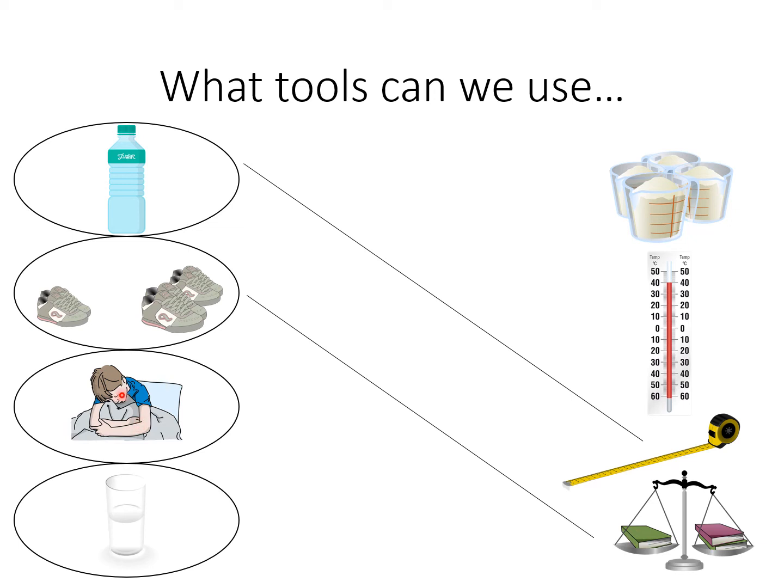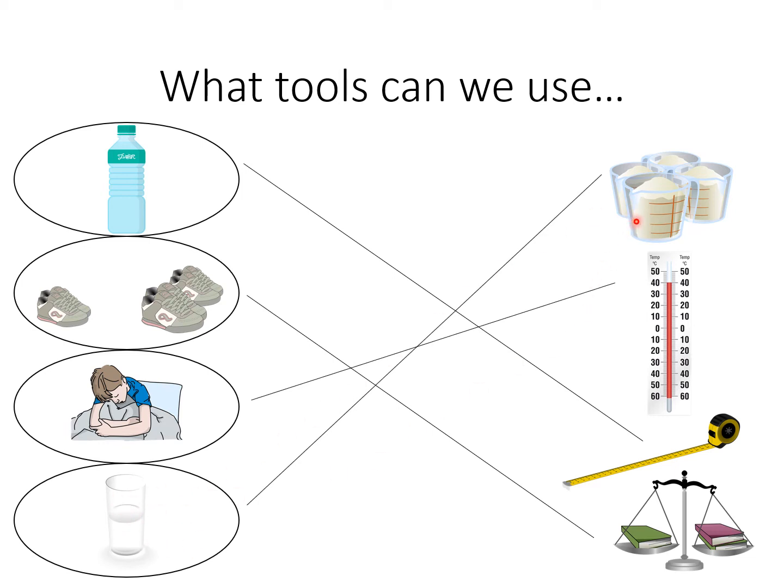Now, this kid right here looks sick. He doesn't look well. So what tool can I use to give me more information about why he's feeling sick? Let's see, we have this tool and this tool left. We have to use the thermometer. The thermometer can tell me if the kid has a fever, and the measuring cup can measure how much water is in this cup.